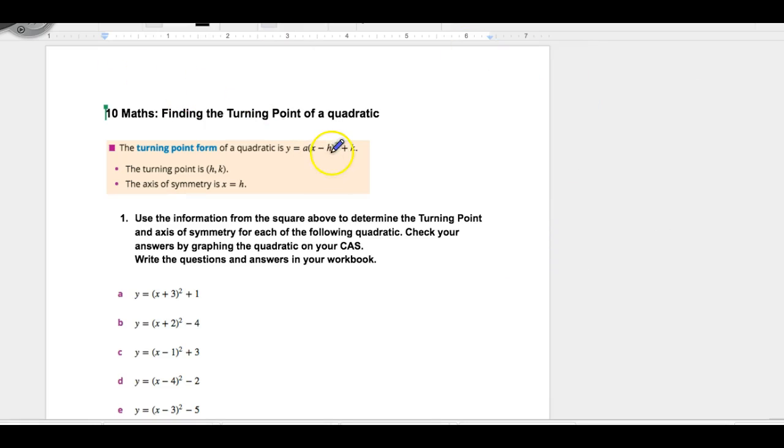So with the turning point form, here is the equation in turning point form. Okay, so we have y equals a(x minus h) squared plus k. Now the good thing about this is it tells us what the turning point is.